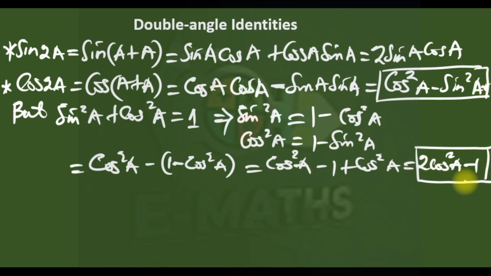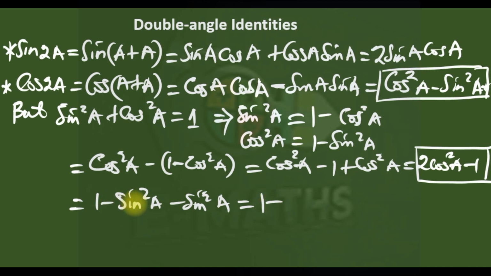So let's get the last one. If you want to write cos 2a in terms of sine now, I replace cos squared with 1 minus sine squared. So wherever I see cos squared, I replace it with 1 minus sine squared a, minus sine squared a.